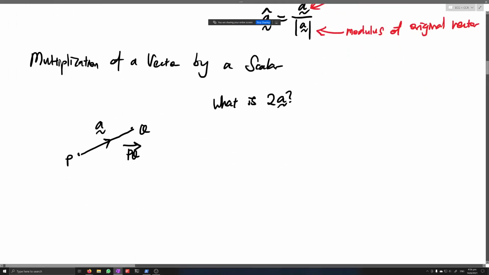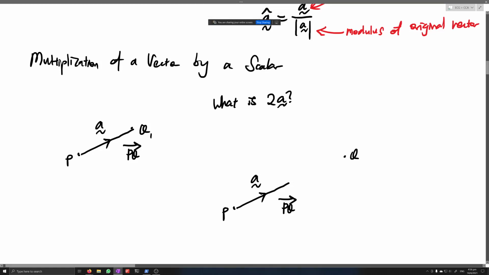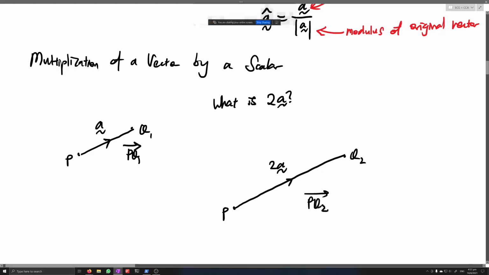Essentially, we would take this, copy paste it, and grow its size by 2, so basically double the size is roughly around here. Let's call this Q1. Then we have Q2 here. Then we draw a new line. This is 2A.